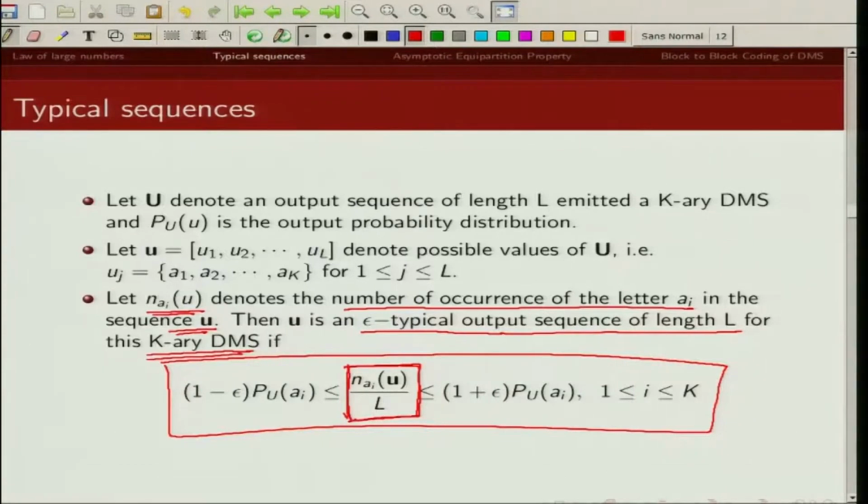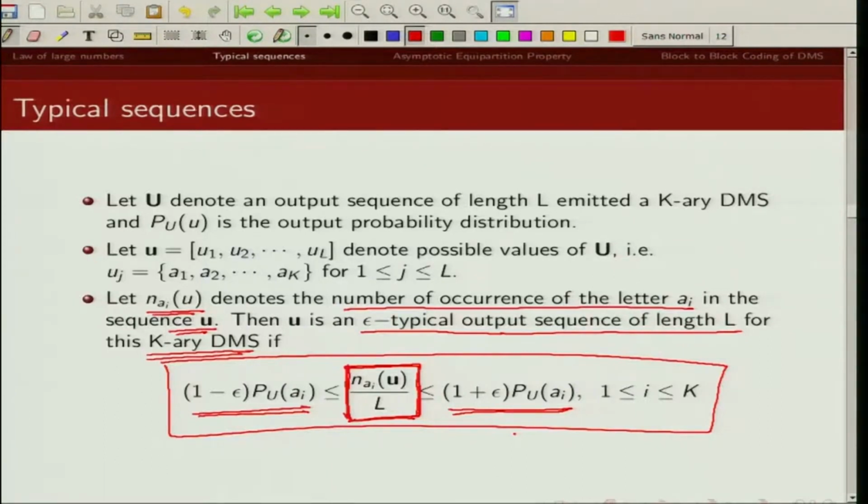Now what I am saying is this fraction of Ai in my output sequence of length L should be within 1 minus epsilon times P_U(Ai) and 1 plus epsilon times P_U(Ai), where epsilon is a very, very small number. If epsilon is 0, essentially this fraction of Ai in my sequence of length L should be equal to the probability of occurrence of Ai.